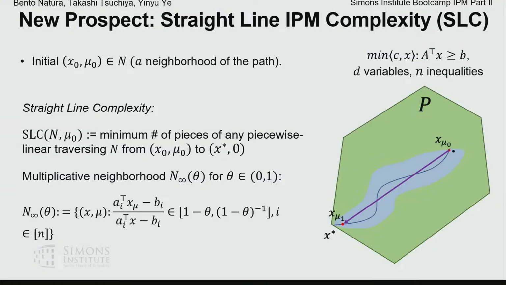They call it SLC. So they basically want to see, given any curve, then they define a neighborhood. What's the minimum number of line segments that stay in the neighborhood, from mu0 to mu1?